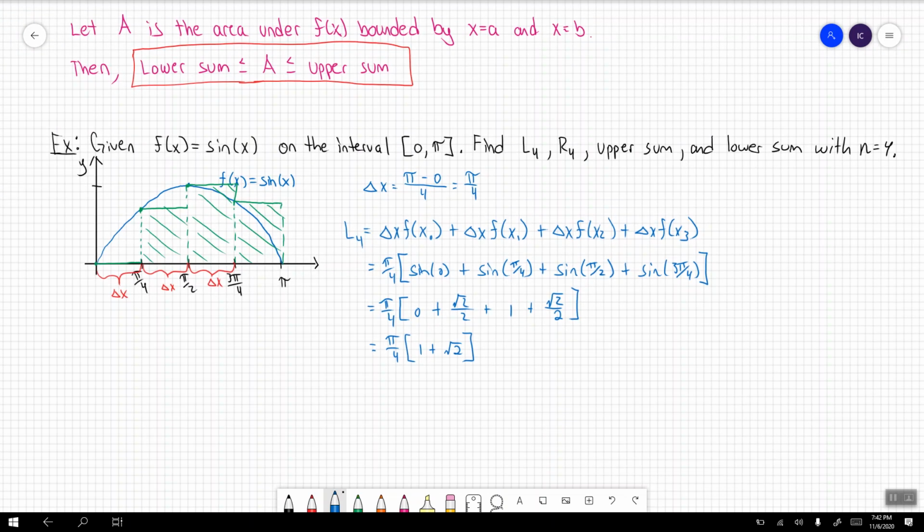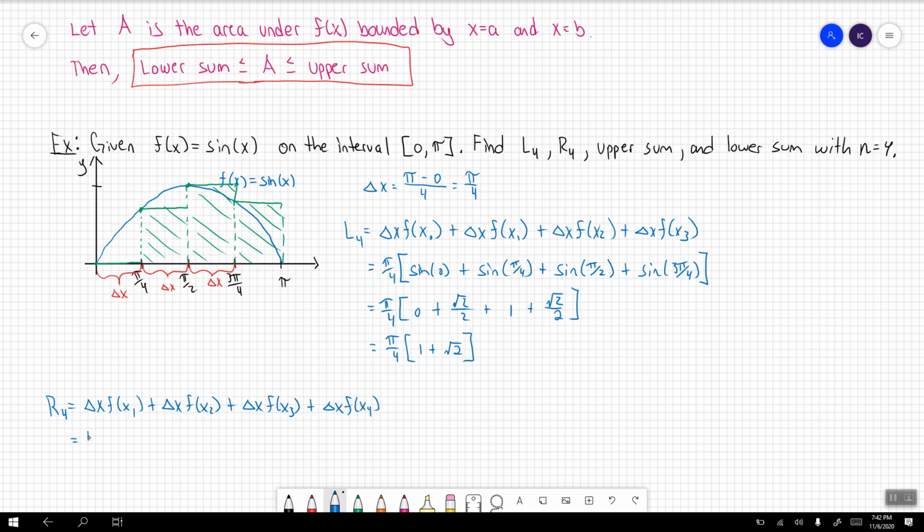Well, for the right endpoint approximation, R sub 4, once again, we're going to do delta x multiplied by f of x. In this particular case, the right endpoint sum is delta x multiplied by f of x sub 1, plus delta x multiplied by f of x sub 2, plus delta x multiplied by f of x sub 3, and finally delta x multiplied by f of x sub 4.